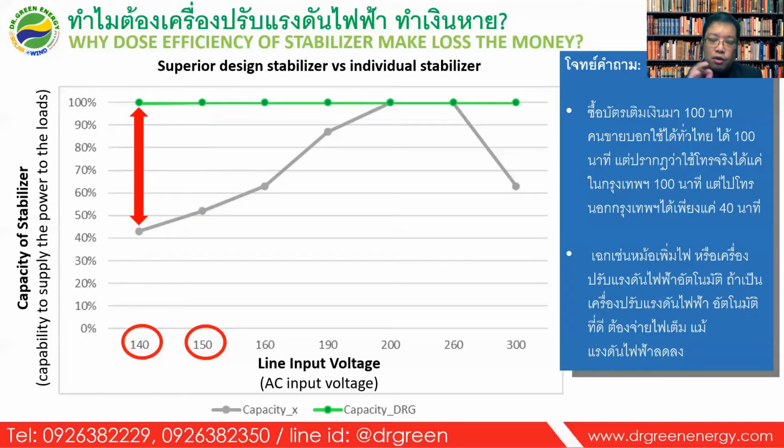So in this case, you are looking for a good design stabilizer. And with the characteristic that even within the committed input voltage range mentioned on the specification, the capacity should remain at the green line that is showing on the slide here.